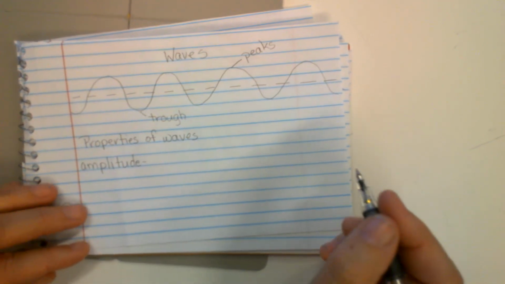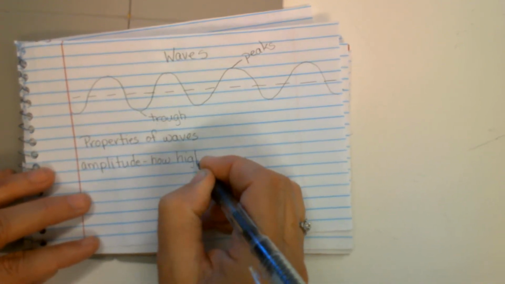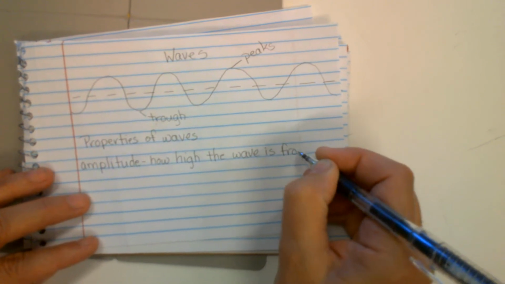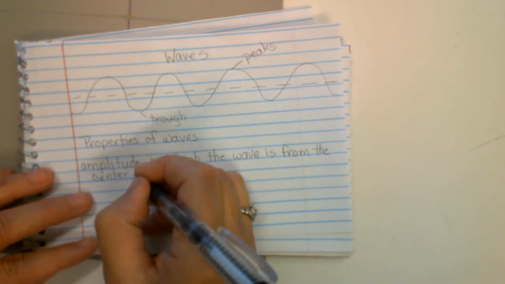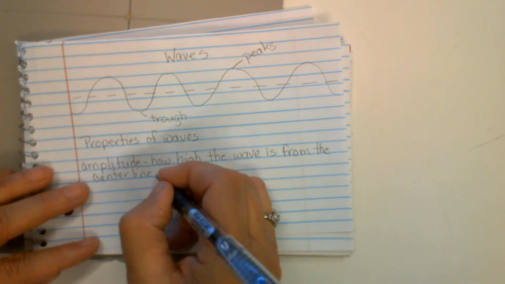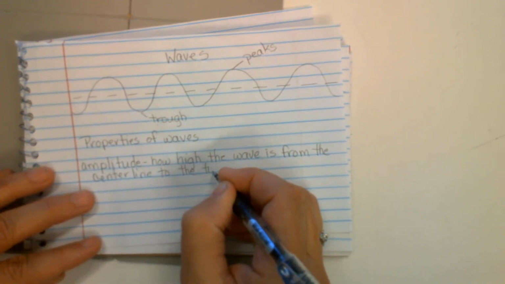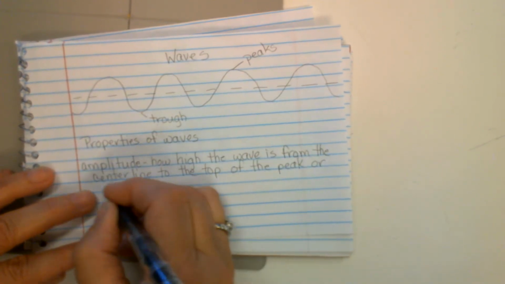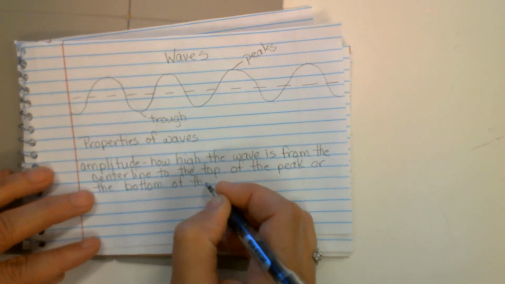Amplitude is how high the wave is from the center line to the top of the peak or the bottom of the trough.